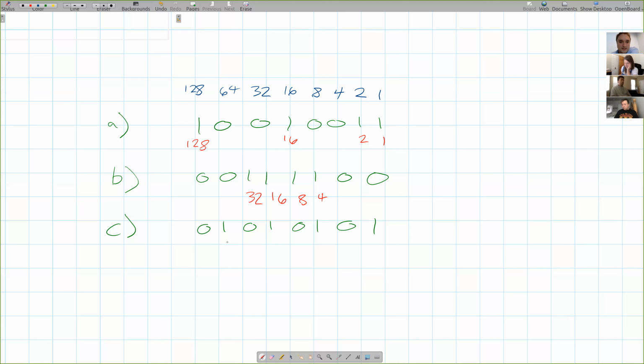And this one is a 64 and a 16 and a 4 and a 1. So you just figure out where in the columns those line up. And you can think of the ones as just ticks. It's like, yep, include that one. And then you add them together.